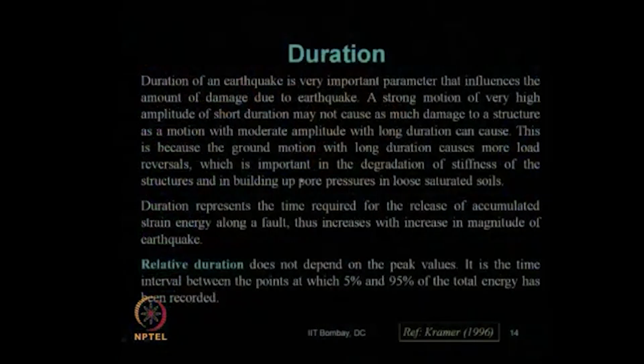If you make your structure go through more load reversals, that is, you apply load, then take it out, then apply, then take it out, one cycle of load reversal after another, that will cause more damage rather than a single peak value, which probably will not cause any load reversal to the structure. That is what it is showing over here in this slide.